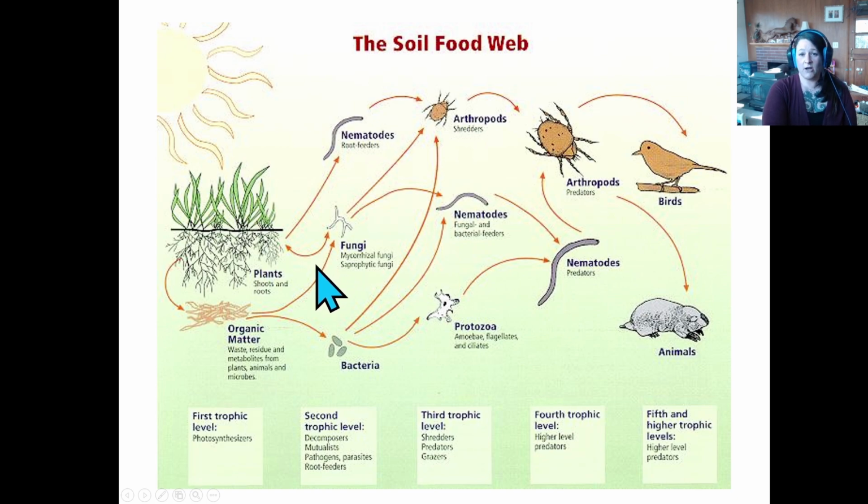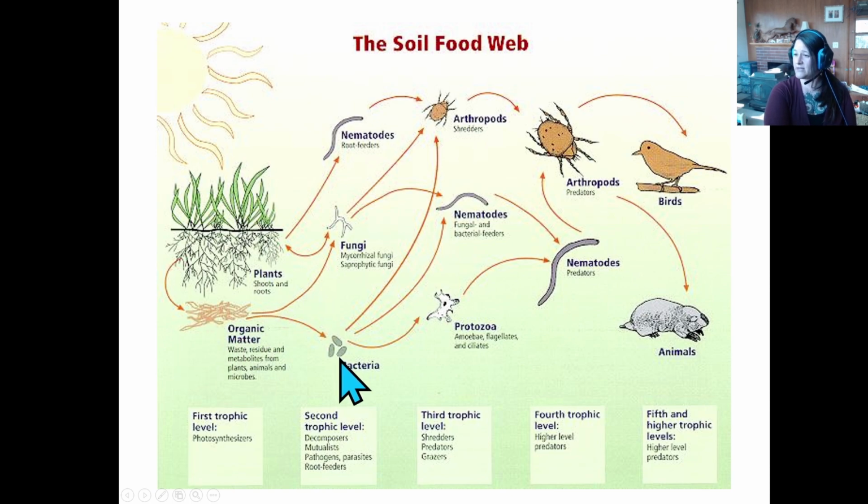You're going to see fungi, hopefully mycorrhizal fungi and saprophytic fungi. Those are both really good types of fungi to have in your soil. They're also going to be taking up those exudates from the plant's roots and shoots, and taking up all that wonderful organic matter, that residue from the plants and animals and that decaying organic matter that's so important.